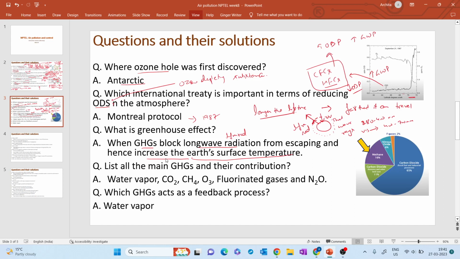The problems start when the concentration of these greenhouse gases increases. The present concentration of CO2 is 410 ppm in 2020, which was about 280 ppm in the 18th century, so about 100 ppm more.